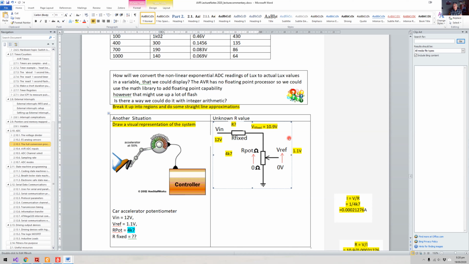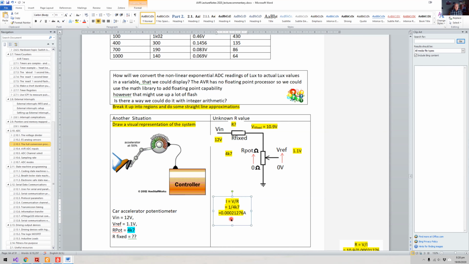Now you can start thinking, well, it's just an application of Ohm's law. So we've got our value of current works out to be about 0.2 something milliamps, and feeding that into this resistor, we get 46,572 ohms. We're not going to choose that. What's available is a 47K resistor. So we just worked out what this 47K ohm resistor is.